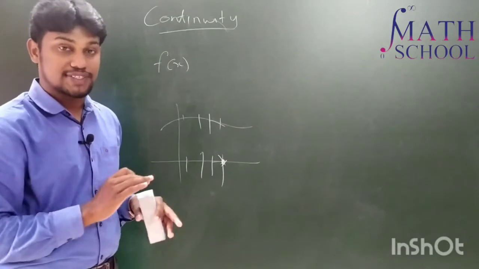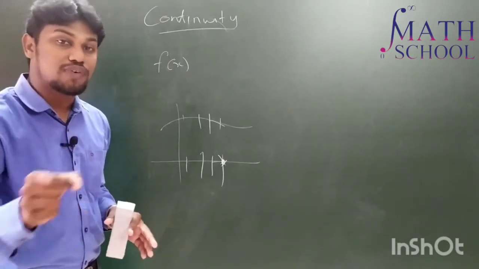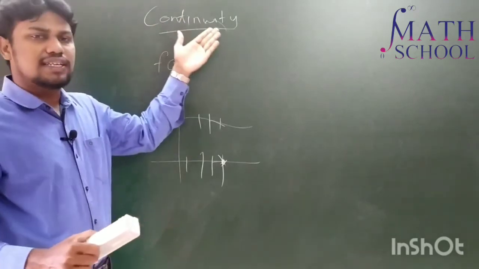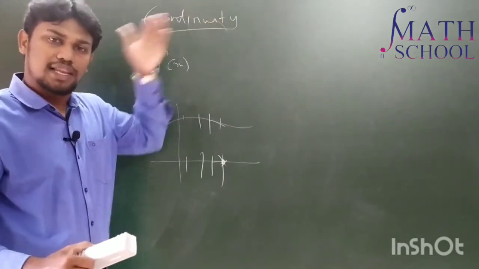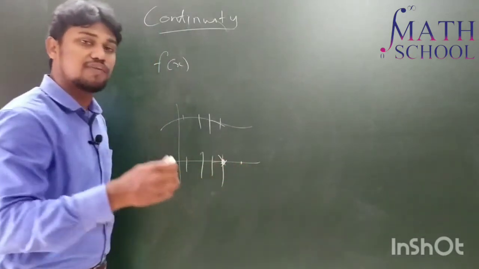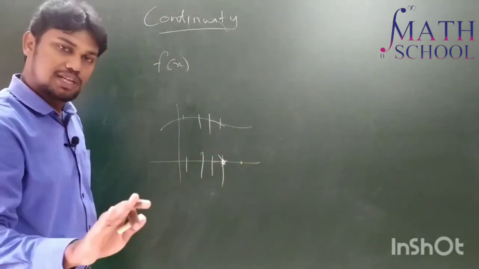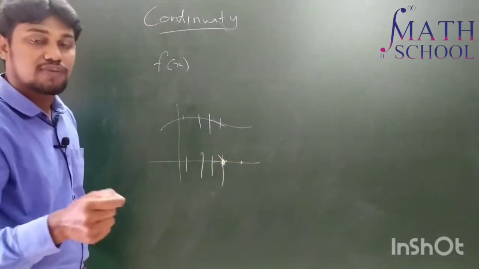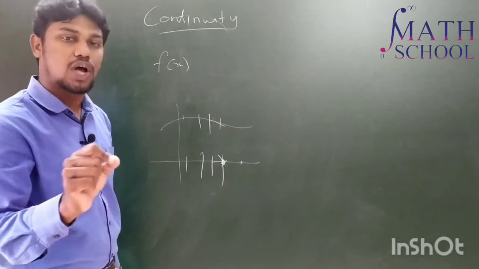This is what I meant by checking the continuity of a function at a single point. The same thing we did in the limit of a function. We take only one point, and at that point we check whether the limit exists or not. Similarly, here we take a single point in a domain and check whether the given function is continuous at that point or not.